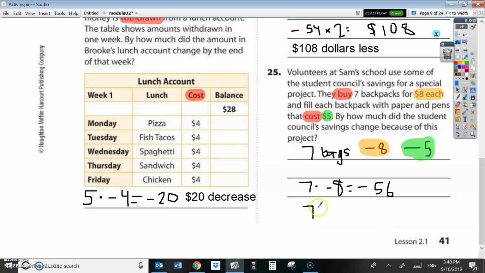So 7 times negative 5 equals negative 35. Add that and you get $91. They spent $91.